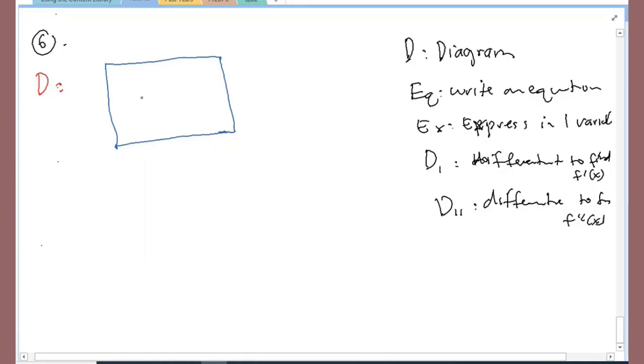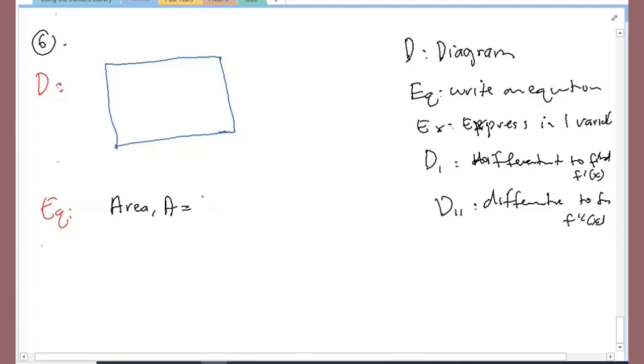From the diagram, we find the equation. Talking about the area, the largest area means you need to differentiate to find the largest or the smallest.